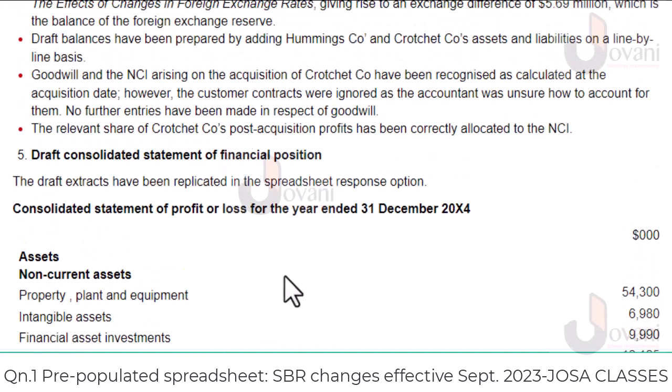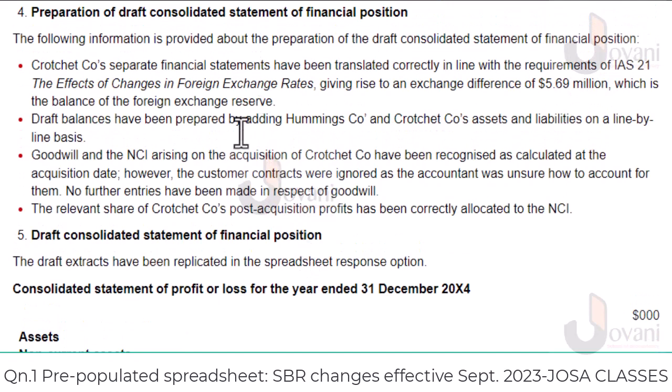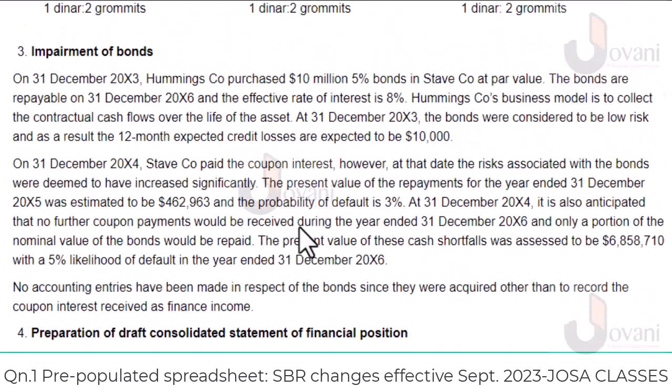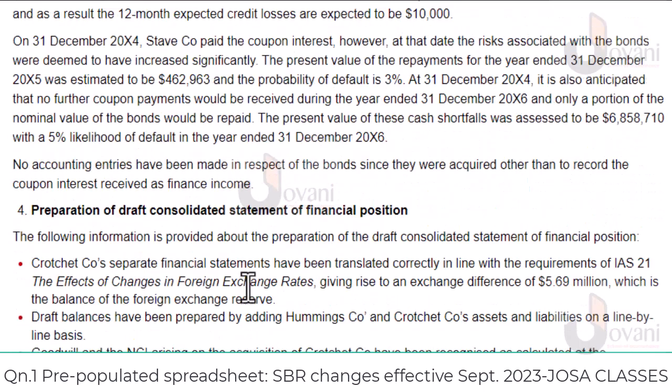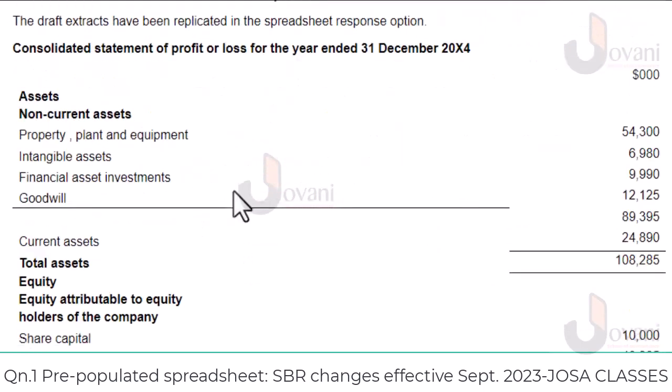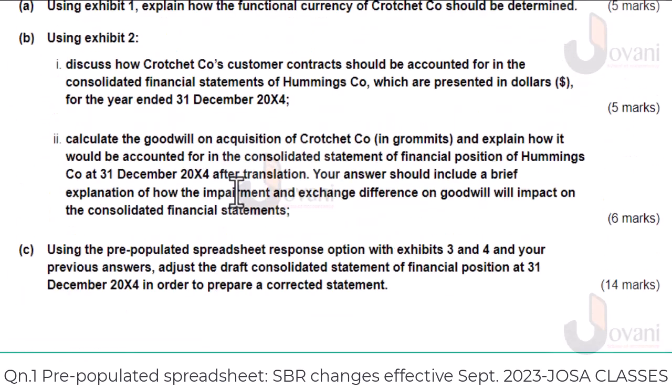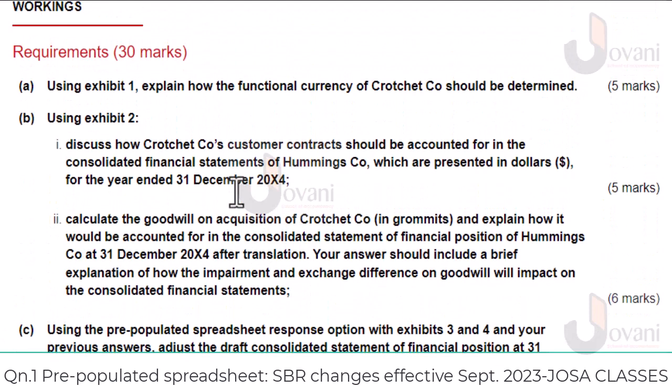And then after opening it up, make all the changes that must be made as per IAS 21 in the spreadsheet. All the changes that must be made from Exhibit 3, please also take those changes into your pre-populated spreadsheet. So this is briefly how your paper will be set.